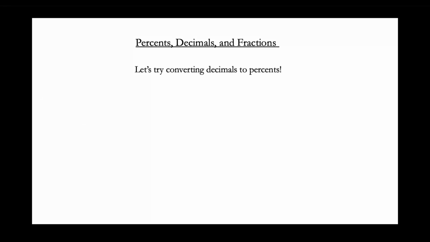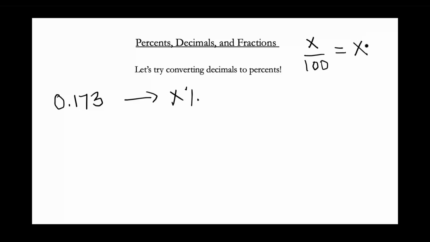Let's try converting decimals to percents. Let's consider a decimal 0.173, and we want to convert this to some percent. And just to recap, we remember that a number over 100 equals that number percent.